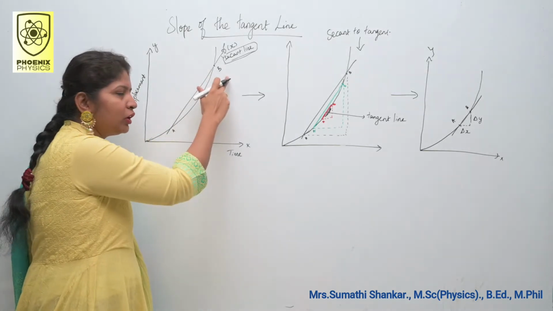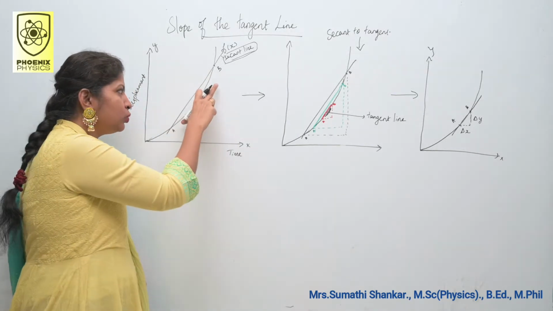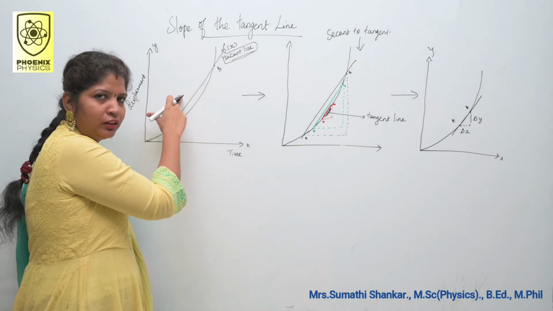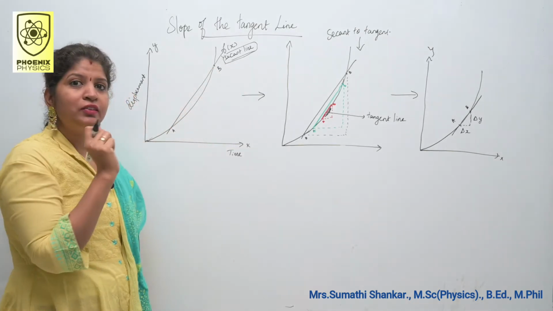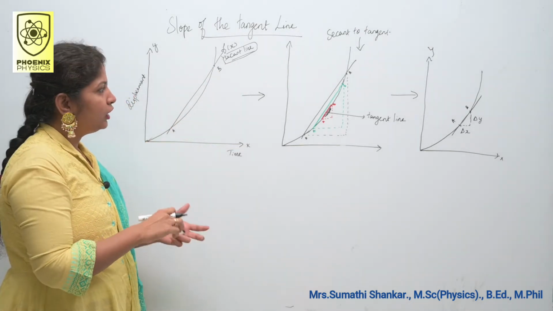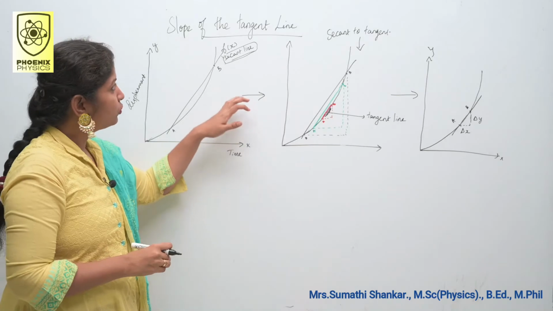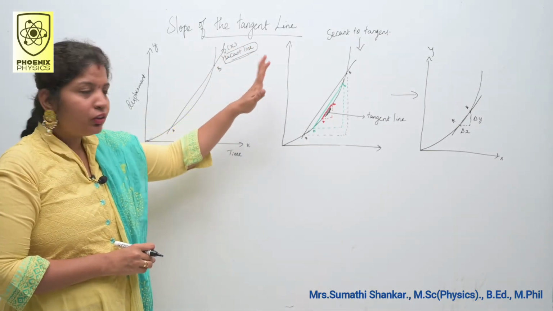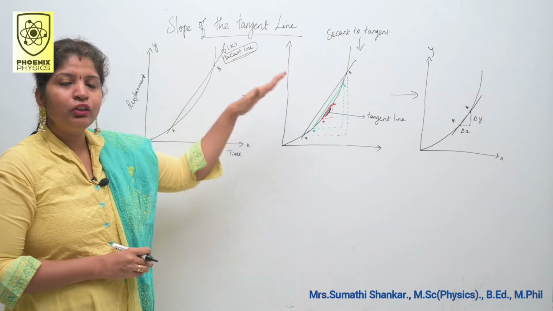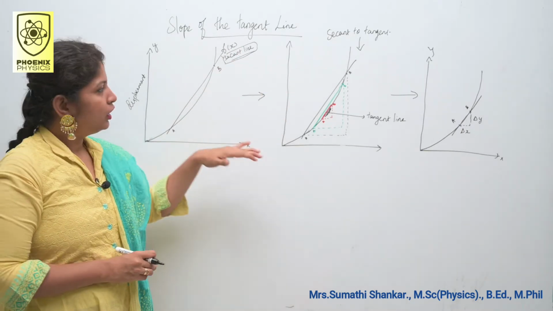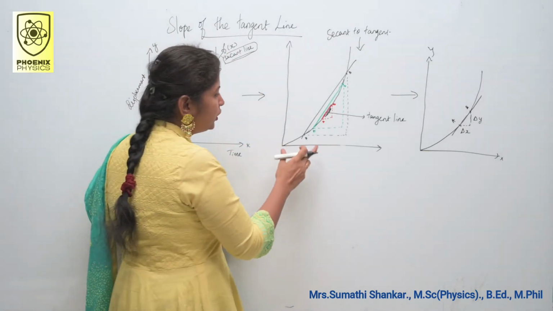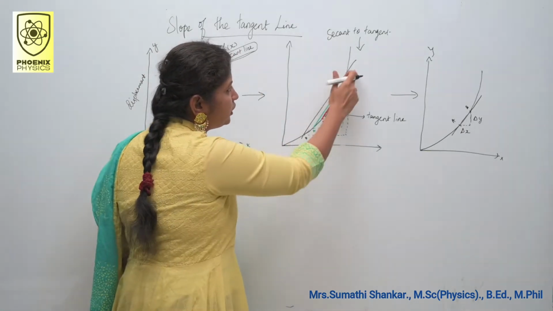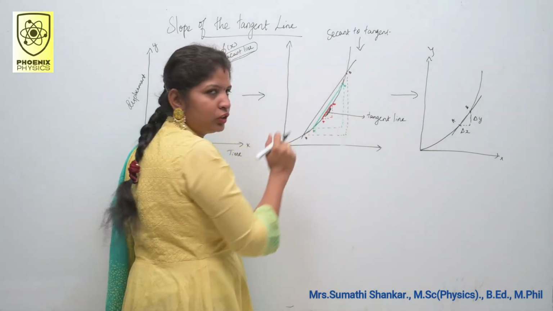So here A and B are my points. These 2 points connected by a line, that line is called a secant line. Now my aim is to find out the slope of the tangent line. You should convert this secant line into a tangent line. First, initially A and B are in this position.